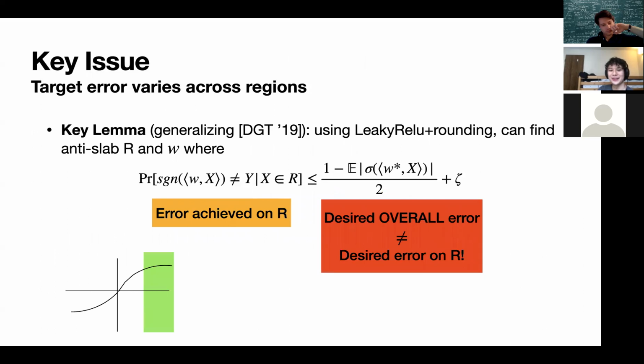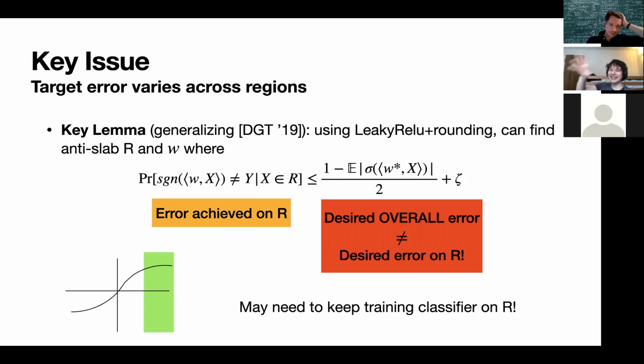Maybe I won't go into all the detail of this. Basically, we wanted to try to use a similar approach to the improper learner from DGT. It doesn't quite work because you'll get this anti-slab and you'll have a good guarantee for the error of your half space on the anti-slab, but it's actually not the right one.